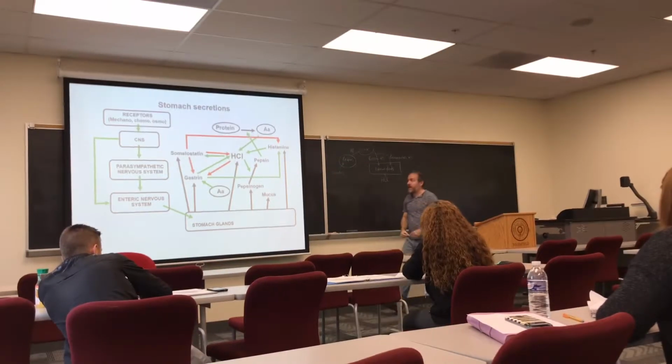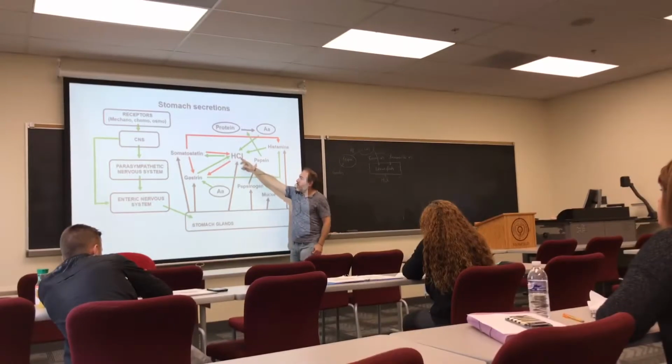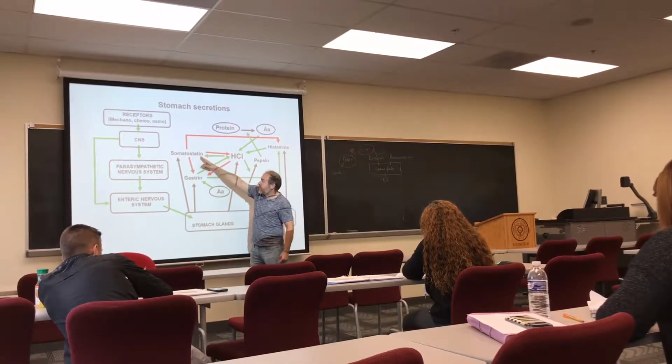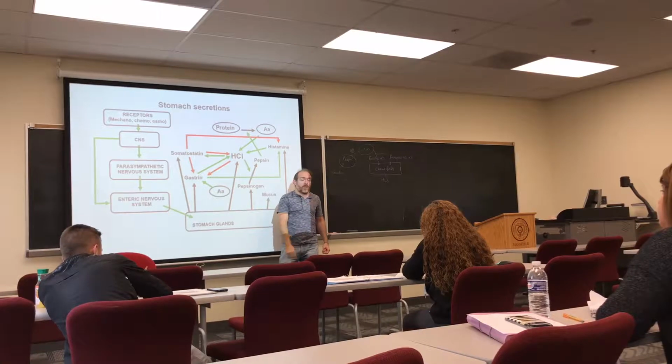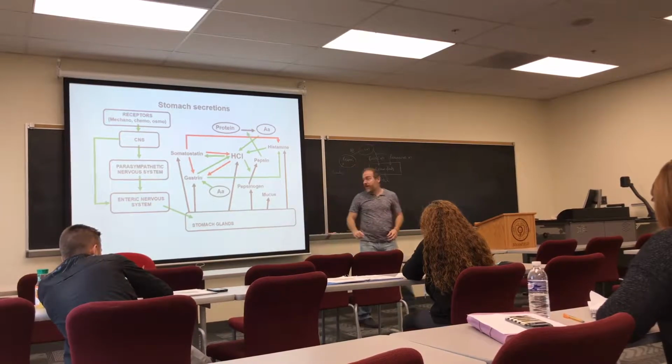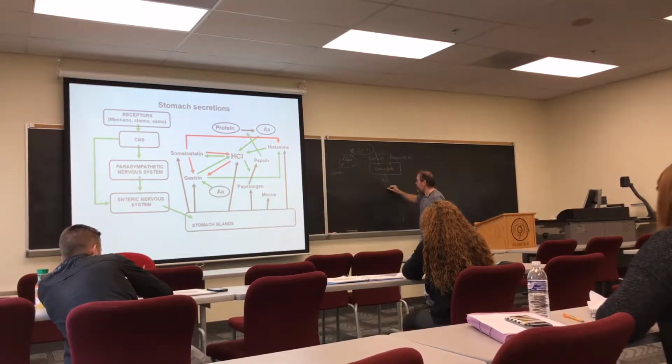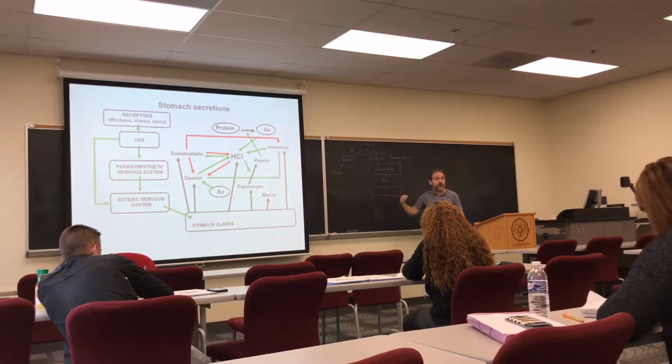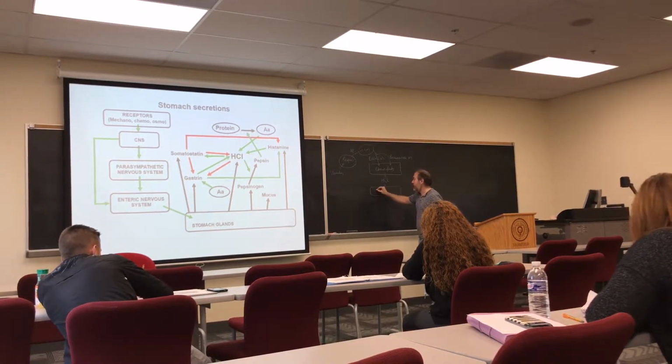But you can see that the hydrochloric acid also stimulates, for example, the secretion of somatostatin, all right? But somatostatin is a hormone. So hydrochloric acid is going to be kind of the signal for another effector, and in this case, since this is a hormone, the effector would be an endocrine gland, okay?